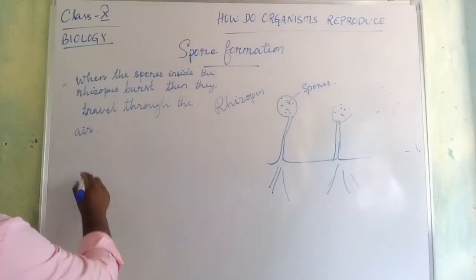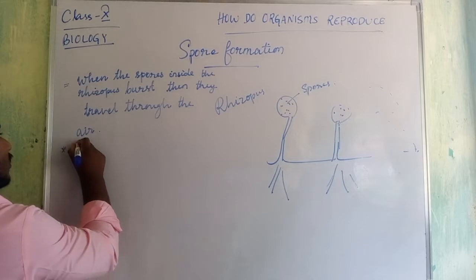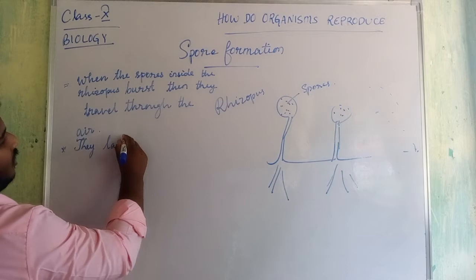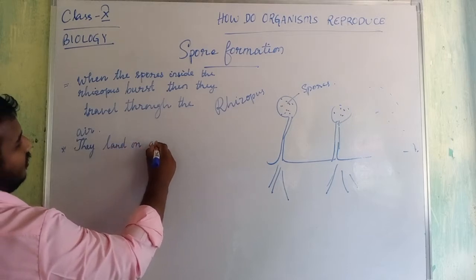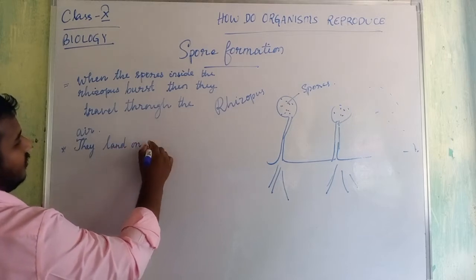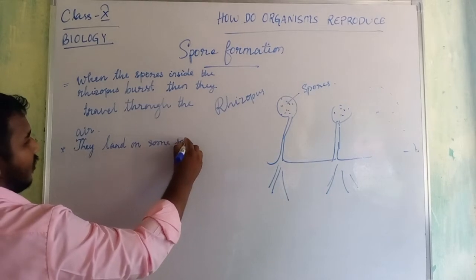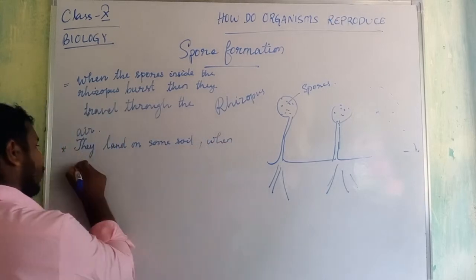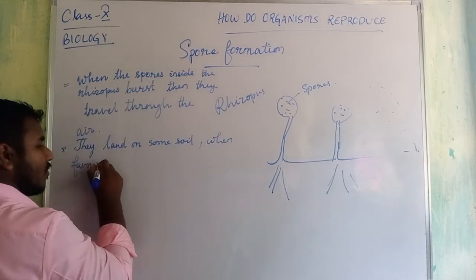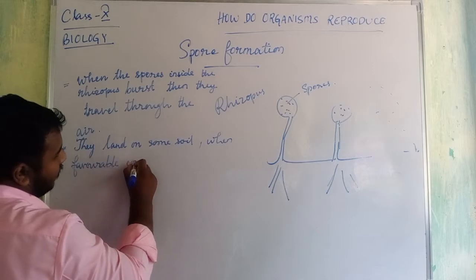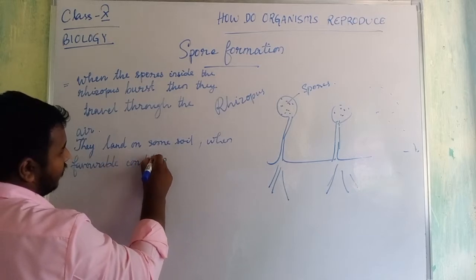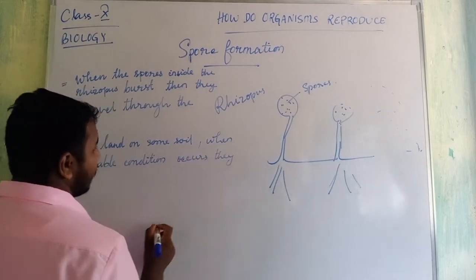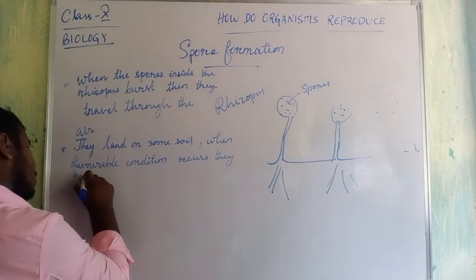So you will write: they land on an area, on some soil, when favorable condition occurs, they grow as an individual.